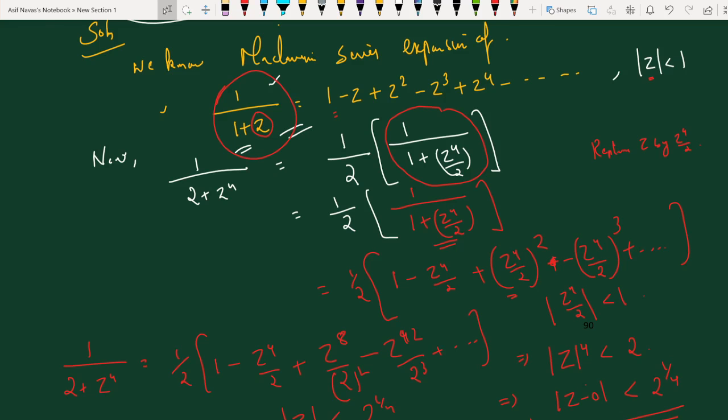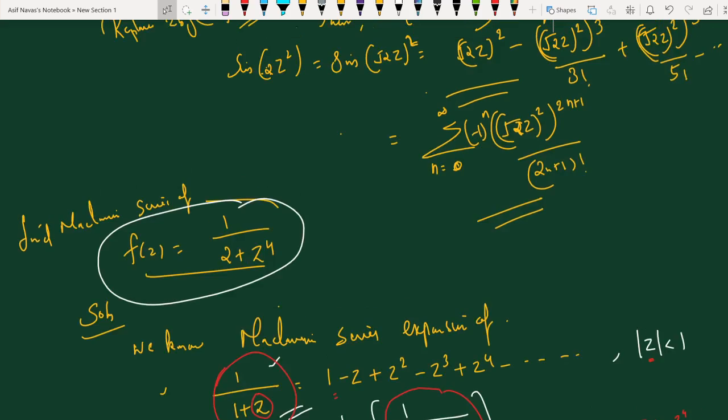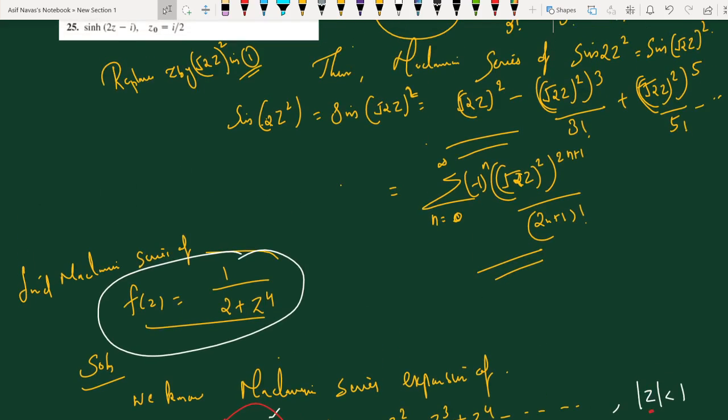Similarly, here also you can find the radius of convergence. So this is equal to sigma n equal to 0 to infinity, minus 1 all raised to n, root 2 z all raised to 4n plus 2 divided by 2n plus 1 factorial.